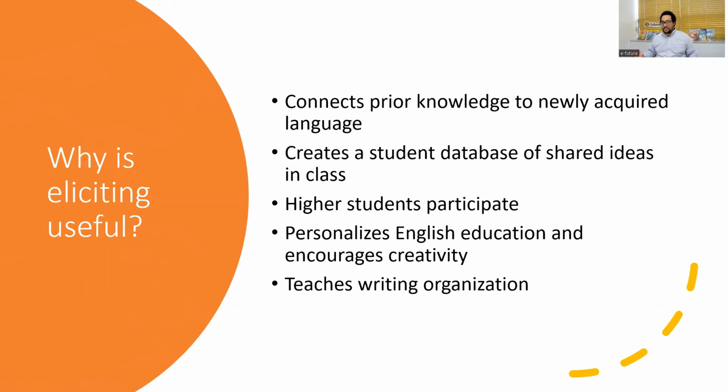It's one of the hardest things to teach to any level, because everybody has a lot of ideas. They want to put all of those ideas on paper, and sometimes it just doesn't work out. But when we show the logical flow through elicited questions, we can actually reinforce writing organization without actually teaching writing organization.